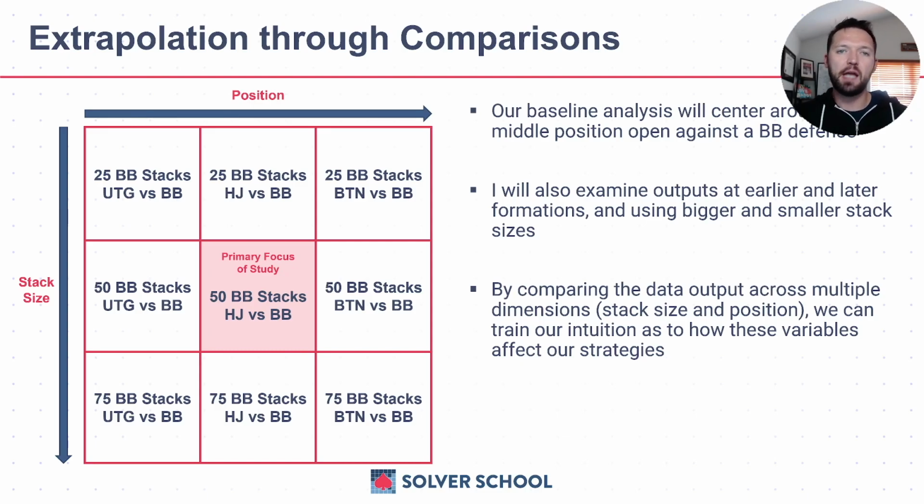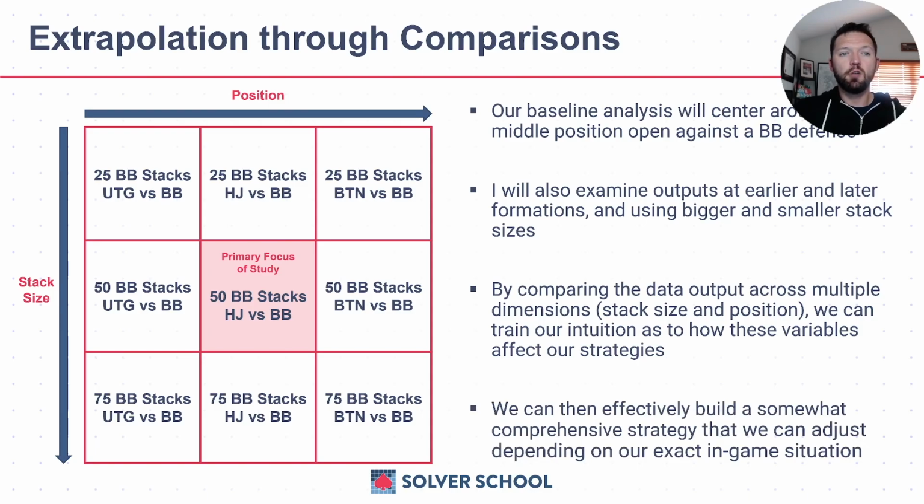Again, I'm still building out my strategy at that 50 big blind level, looking at hijack versus big blind. But if I can start seeing how the data adjusts from changing my position to a later or earlier position, or by changing my stack sizes to a larger or smaller stack size, I can hopefully study multiple formations by incorporating all of those formations into one analysis and build out a more robust strategy that can handle virtually all in-position single raised pot scenarios at a variety of stack sizes.